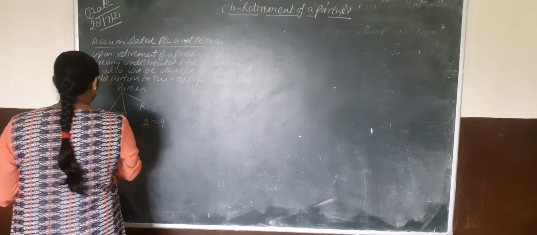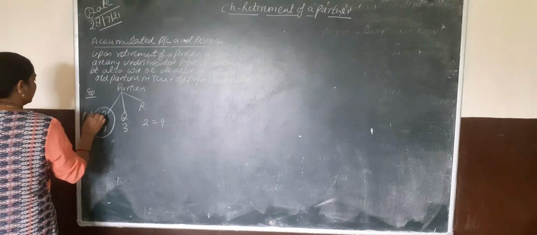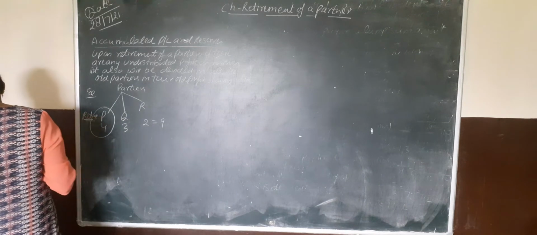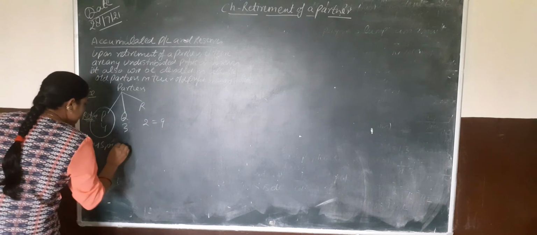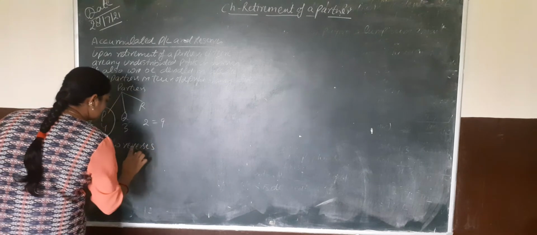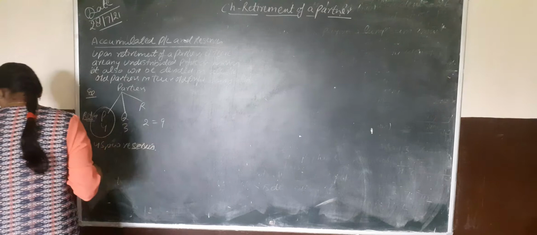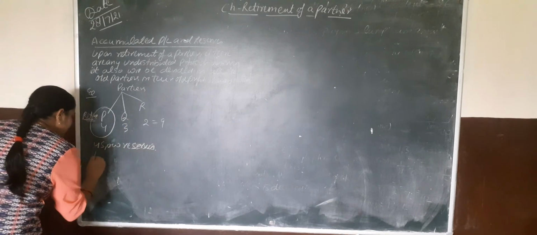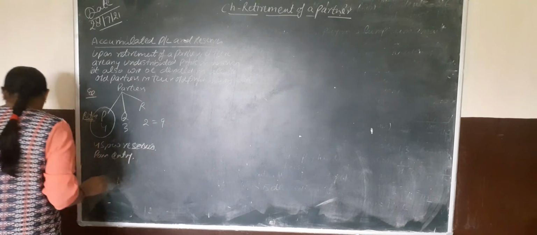P wants to retire from the firm. At the time of his retirement, a reserve of 45,000 is shown in the books of account. So we will pass the entries.